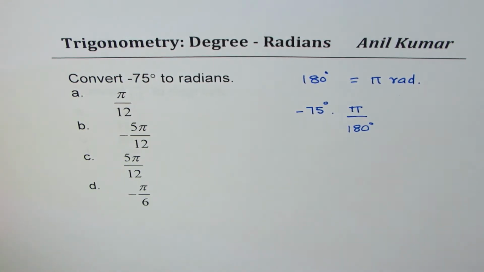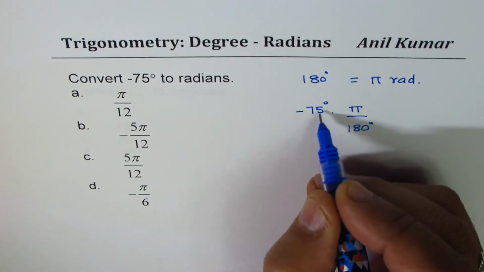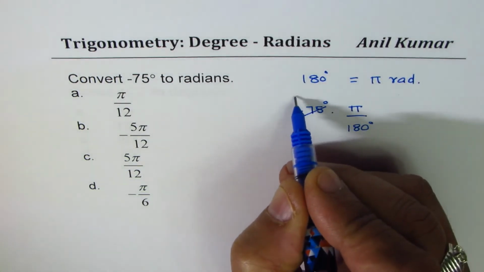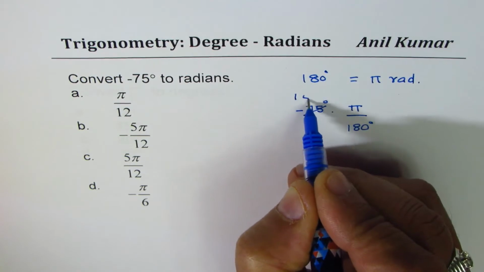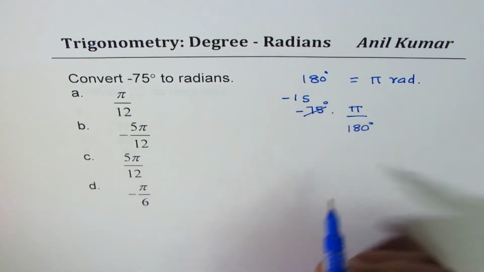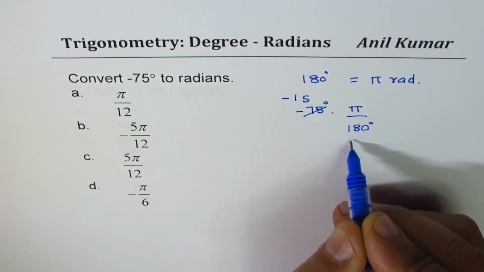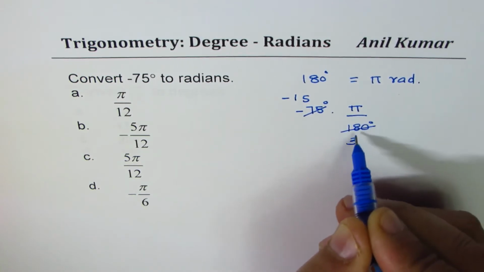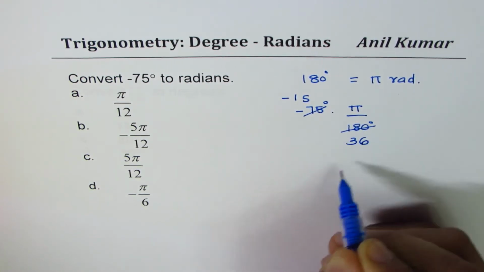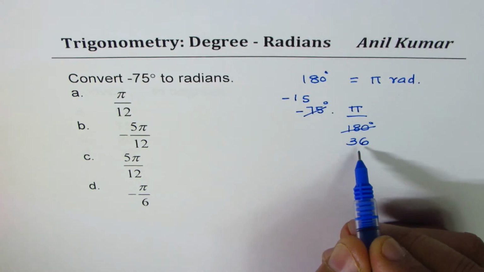Now here we can divide both by 5. 5 times 1 is 5, 75 means 15, but with a negative sign; 5 times 3 is 15, 180 is 5 times 36. You can now further divide them by 3.